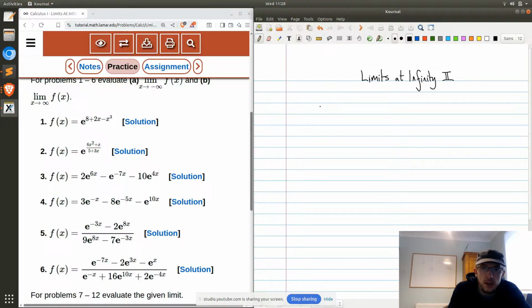So I'm going to make a table, and I'm going to say the limit as x approaches infinity of f of x on the left hand side, and then the limit as x approaches negative infinity on the right hand side.